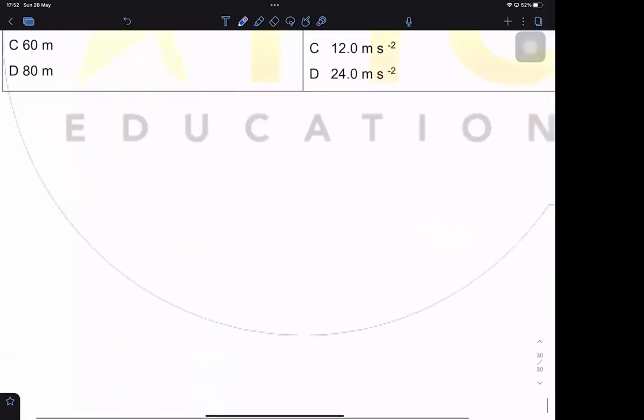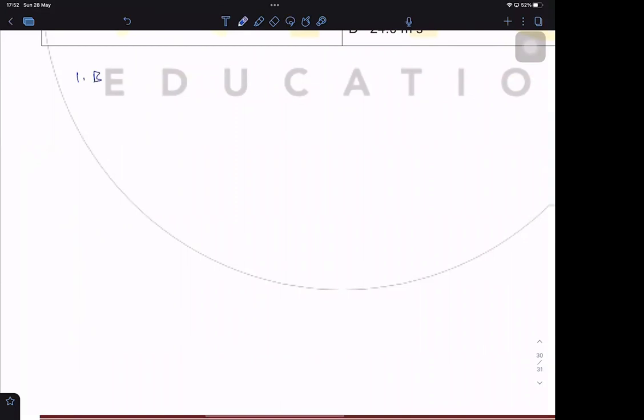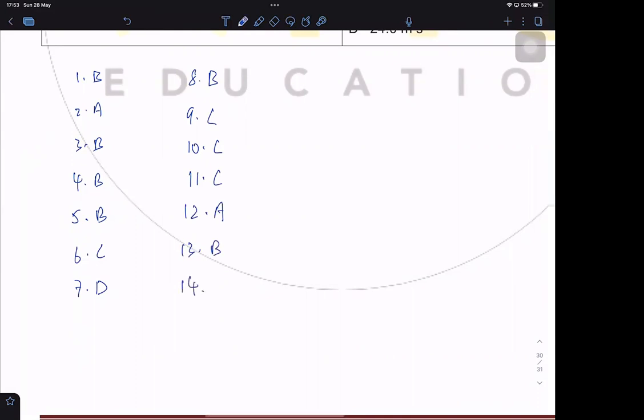You can write down or take a picture. 1B, 2A, 3B, 4B, 5B, 6C, 7D, 8B, 9C, 10C, 11C, 12A, 13B, 14B, 15C, 16B, 17A, 18B, 19C, 20B, 21C, 22C.